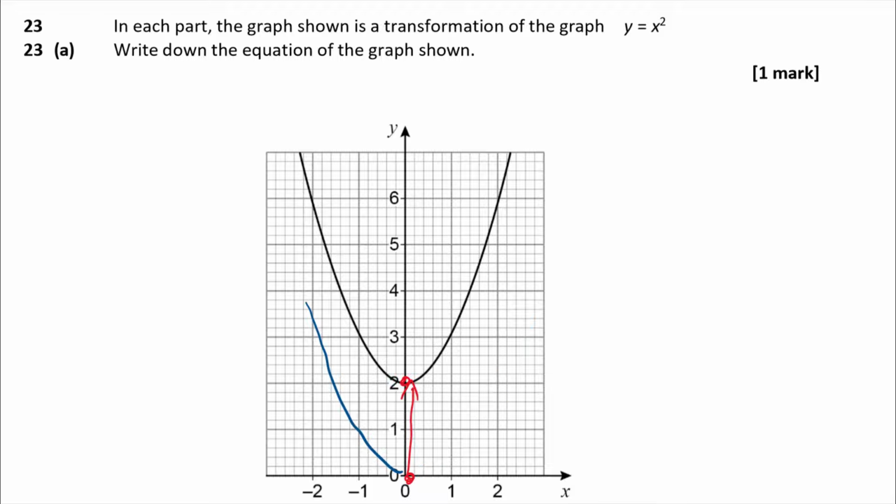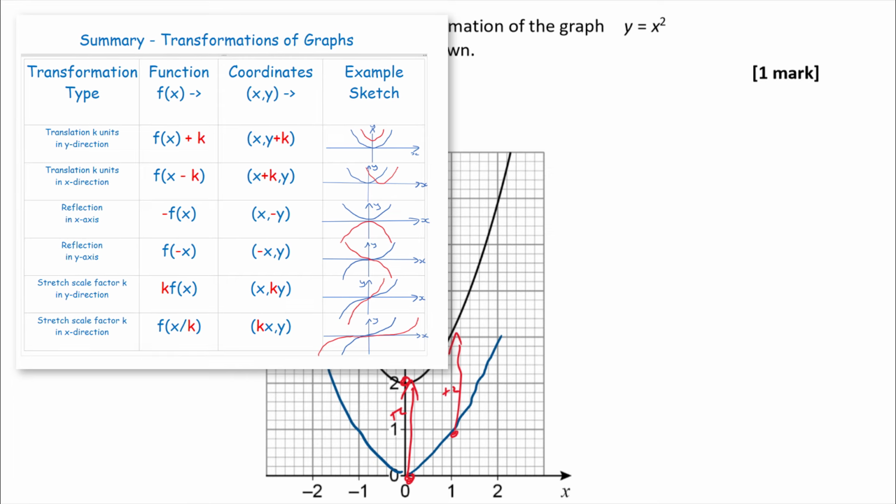I actually drew this one quite poorly. It should actually go through 1, 1, shouldn't it? The quadratic curve, y equals x squared. So like this point here has gone up 2 as well, and every other point is as well. So you add in 2 to it to go upwards. So it's a translation of 2 units up.